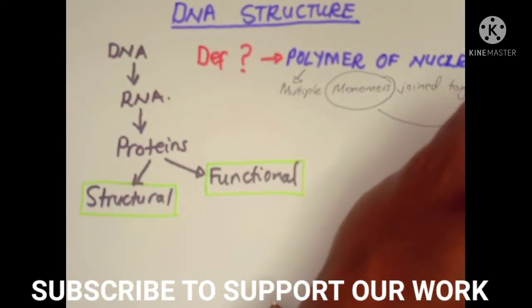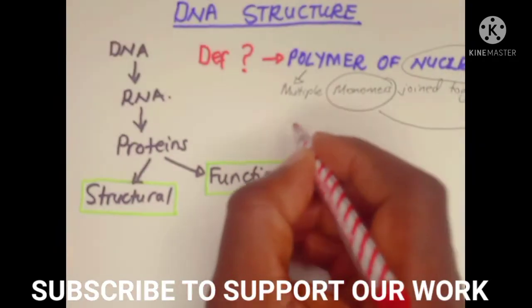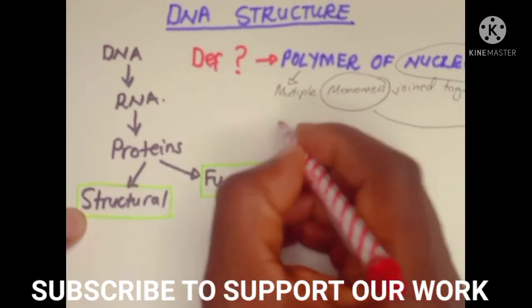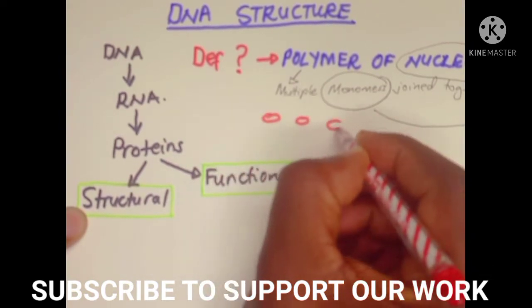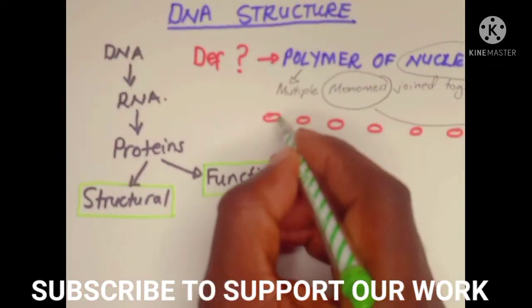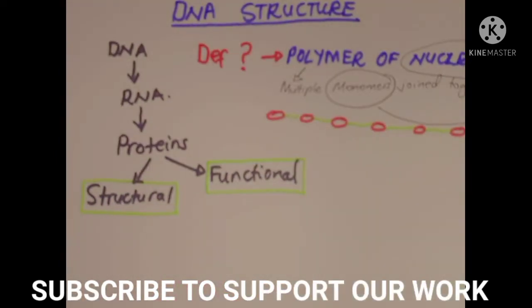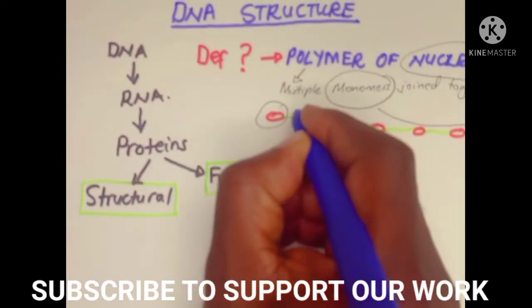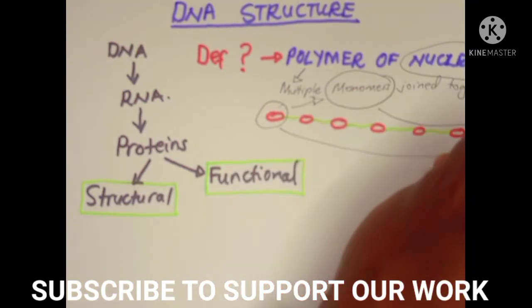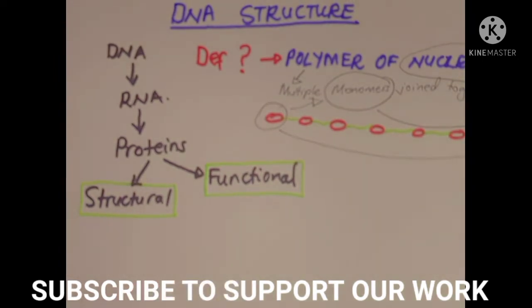So in our case, the monomer would be a nucleotide, and then the structure that will form is DNA, which is a polynucleotide. So these circles are resembling monomers, which are joined together to form a polymer. In the case of DNA, the monomer is a nucleotide, so they are joined together to form a polynucleotide, which is the true definition of DNA.